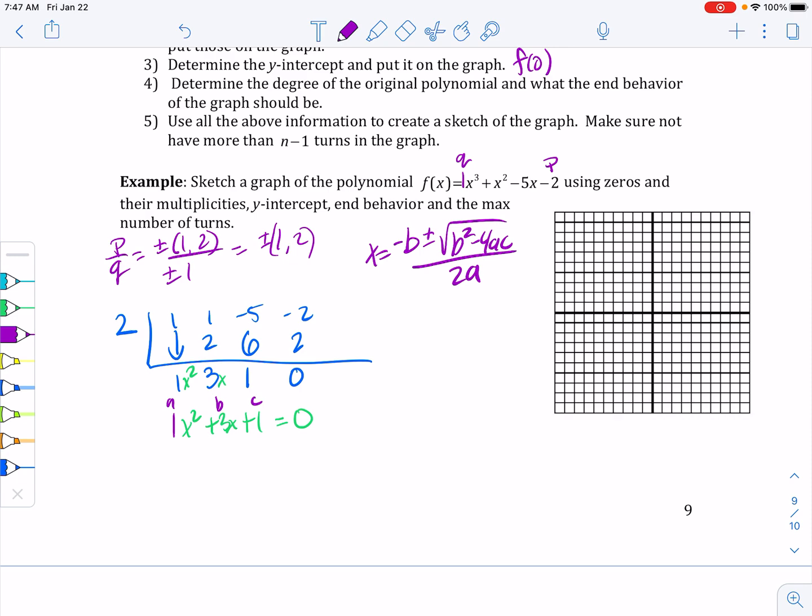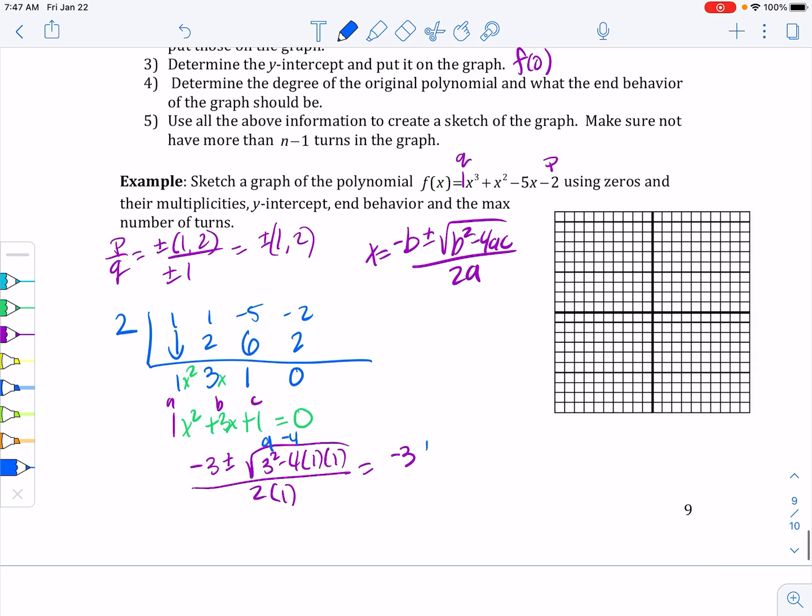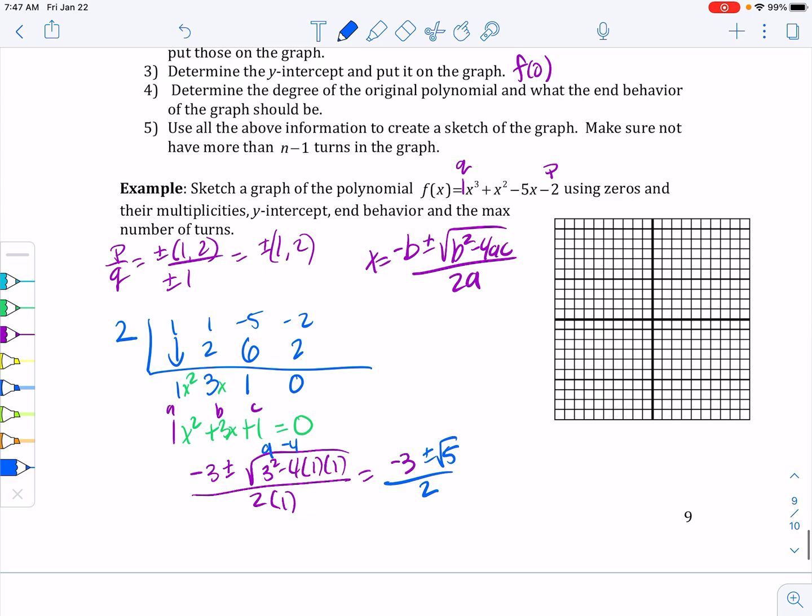So we plug that in, we get negative 3 plus or minus the square root of 3 squared minus 4 times 1 all over 2 times 1. So we get negative 3 plus or minus the square root of 9 minus 4, which gives us plus or minus root 5 over 2.